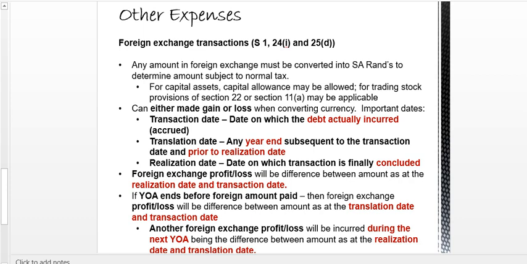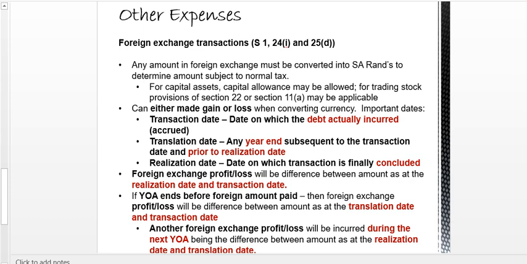But if the year of assessment is before the realization date, then your foreign exchange profit or loss is the difference between the translation date, the date at the end of the current year of assessment, and the transaction date. Okay.